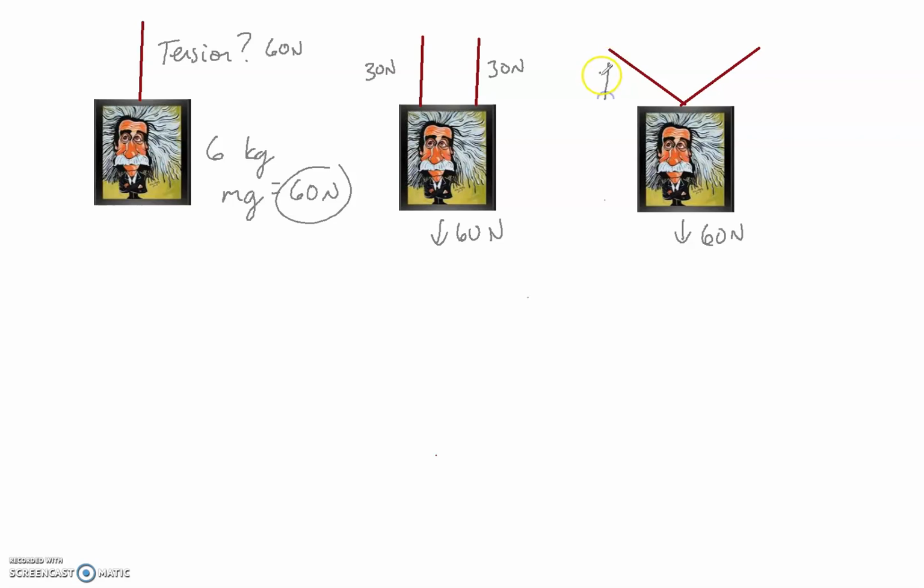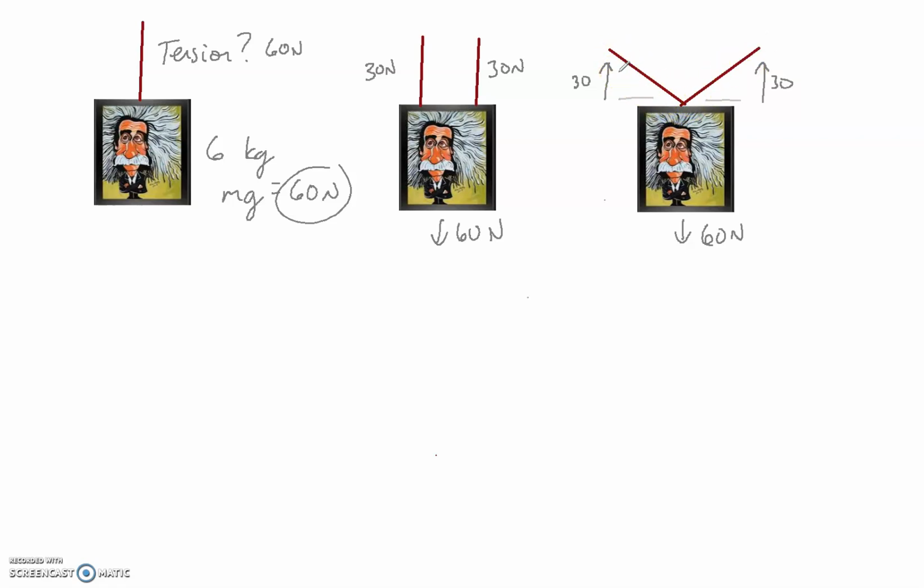This one still is pulling up with 30, and this one is also pulling up with 30. Now, we'll assume that they're at the exact same angle, all nice and symmetrical. Those 2 cables still have to pull up with 30 to balance off the 60 going down. But they're not just pulling vertically, they're also pulling horizontally, which then introduces more tension in the ropes or cables.